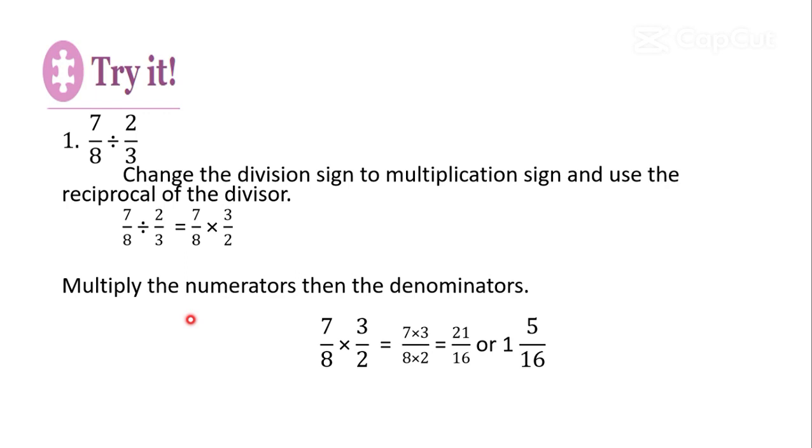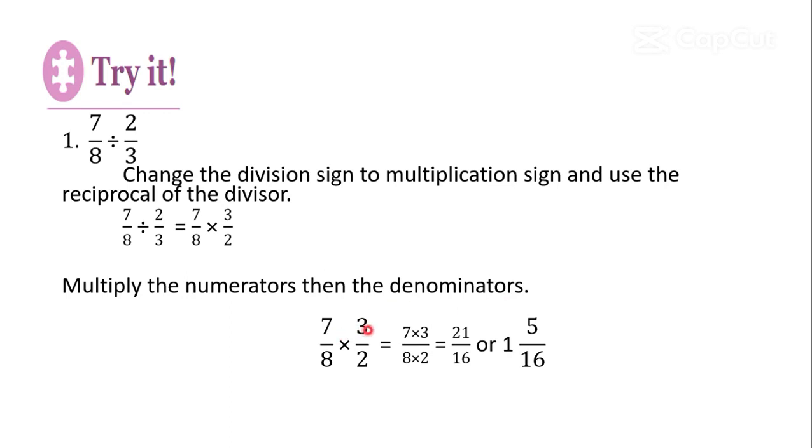And then you need to cross cancel. But in this example, 7 and 2, and 3 and 8 cannot be simplified anymore because there's no number that both 7 and 2, or 3 and 8, can be divided by. That is why we proceed to the next step, which is to multiply the numerators and multiply the denominators.